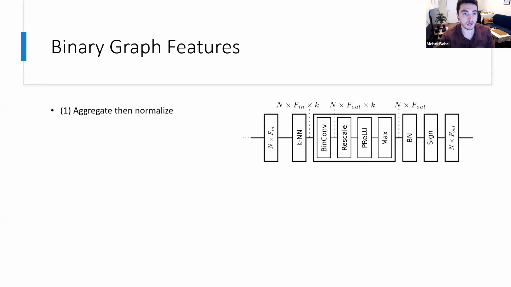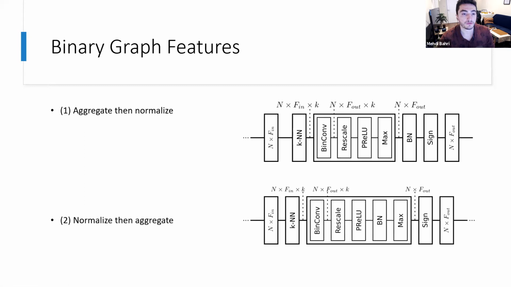So in our case, the max pooling aggregation happens at the edge message level. So we can first aggregate, then normalize the edge messages. Or we can first normalize the edge messages, as in applying batch normalization here, and then do the max pooling aggregation. And in both cases, we also use PReLU activations.